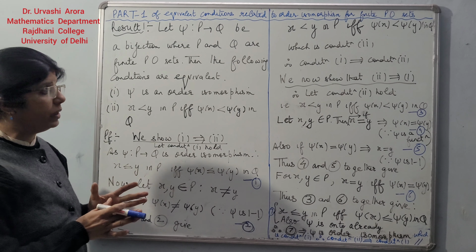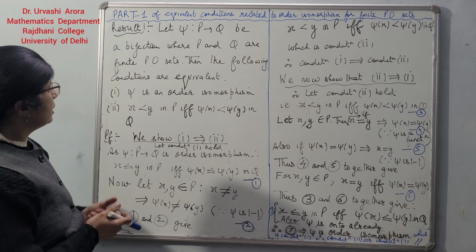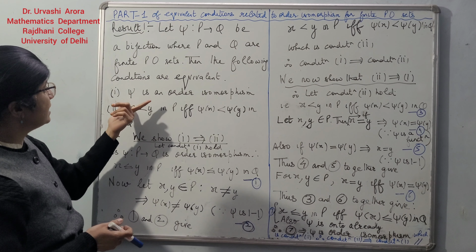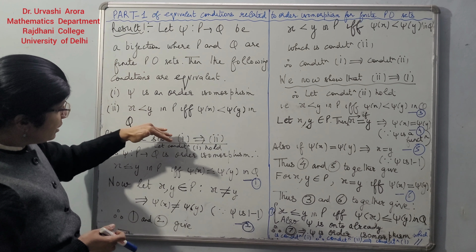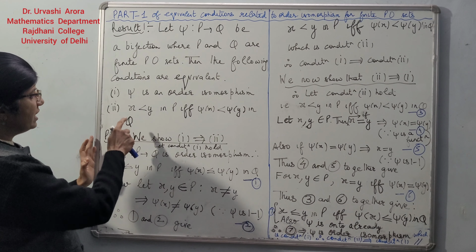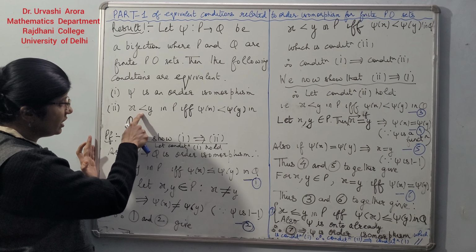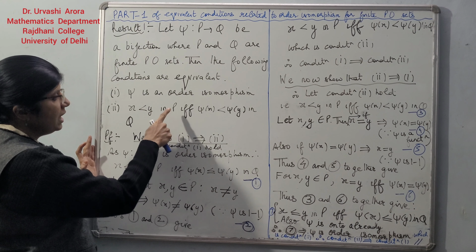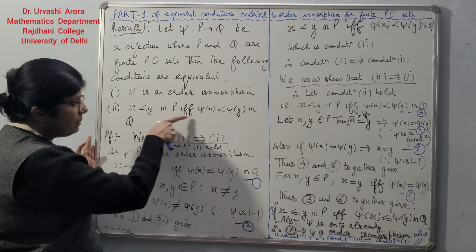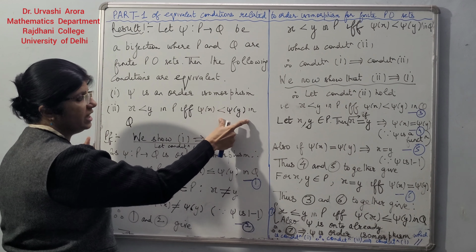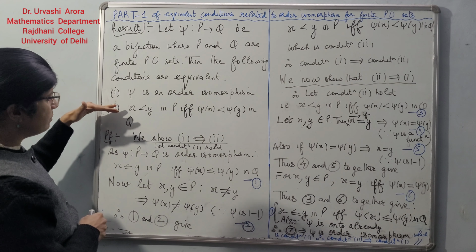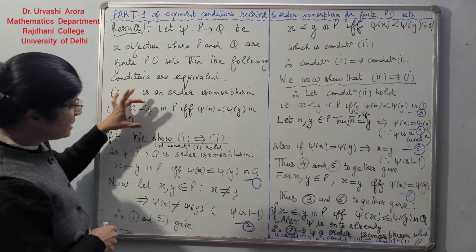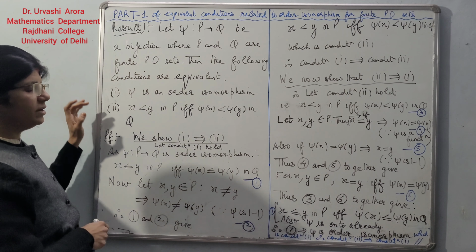Now coming to condition 1: if you are given that psi is an order isomorphism, then condition 2 will be true, which is that x strictly less than y in P implies and is implied by psi x being strictly less than psi y in Q. So if psi is given to be an order isomorphism, condition 2 will be true, and if condition 2 is given to you, then condition 1 will be true.